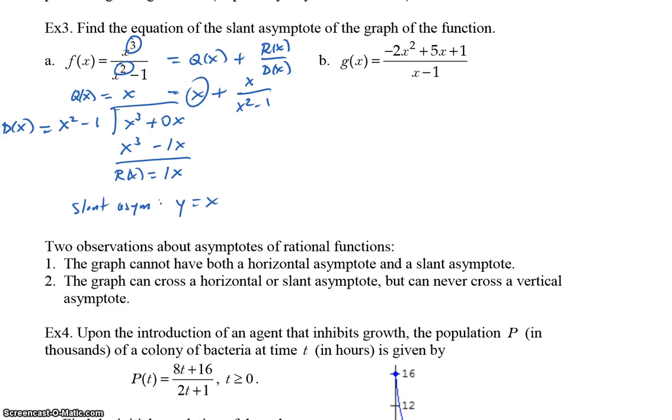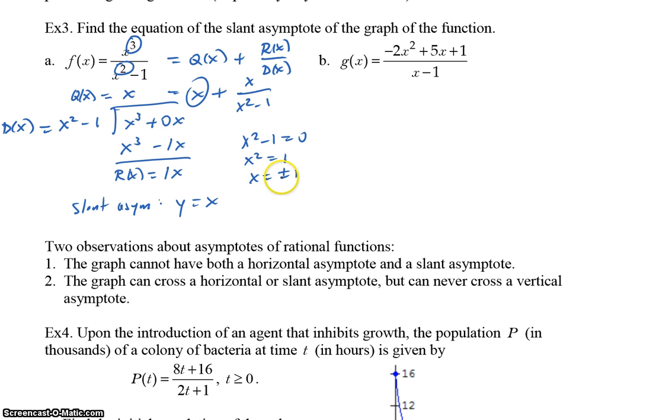I mentioned a moment ago that the function in example 3a has two vertical asymptotes. The vertical asymptotes would be obtained, as we talked about previously, by setting the denominator equal to 0 and solving for x. If we do it this way, x squared equals 1, x equals plus or minus 1.